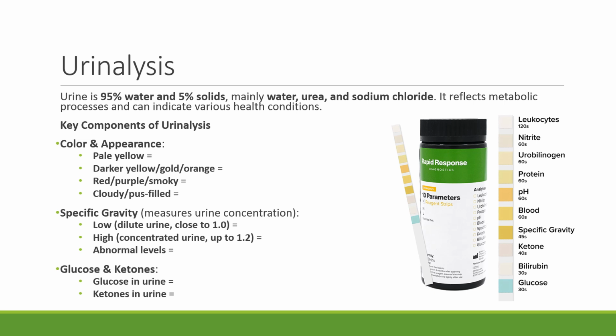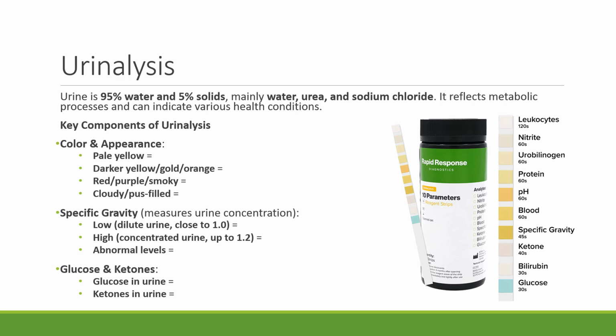Specific gravity measures urine concentration. Low or diluted urine close to 1.0 can mean excessive hydration or kidney dysfunction. High concentrated urine up to 1.2 can indicate dehydration. Abnormal levels may indicate kidney issues.